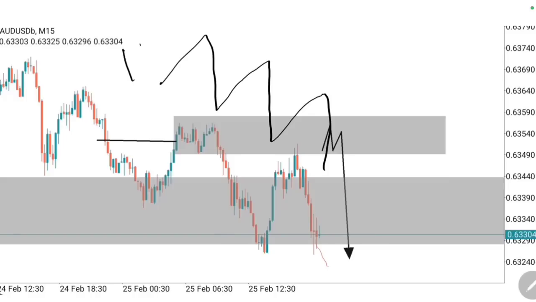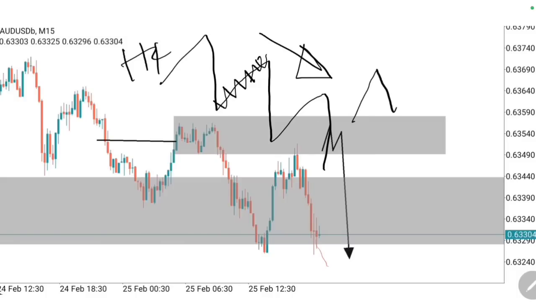So if this is my H4 time frame, this is the market. This could be my 15 minutes time frame. The market is on a downward trend on H4, but I could be taking buy trades on the correction.